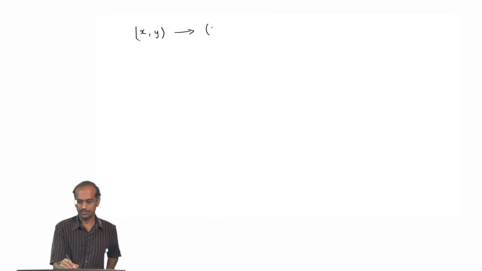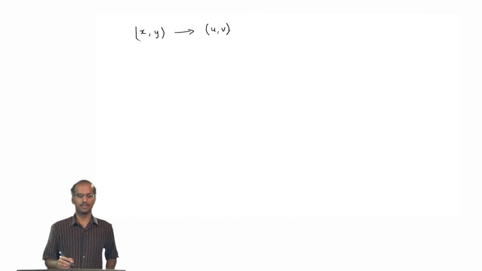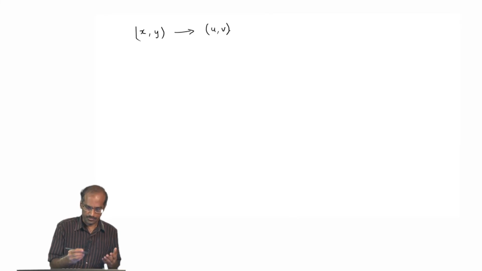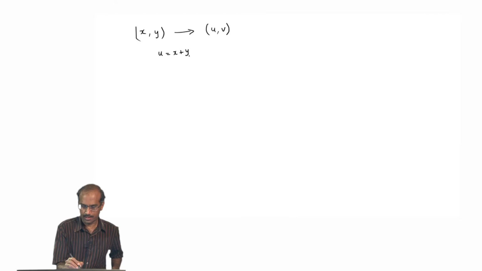We simply went from one coordinate system to a different coordinate system. Originally our coordinate system was defined by x and y, and we went from x and y to u comma v, and the transformation was u equal to x plus y and v equal to x minus y.